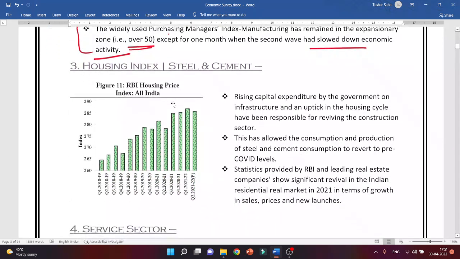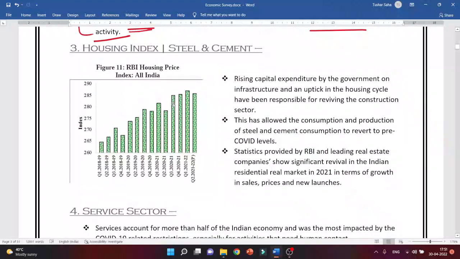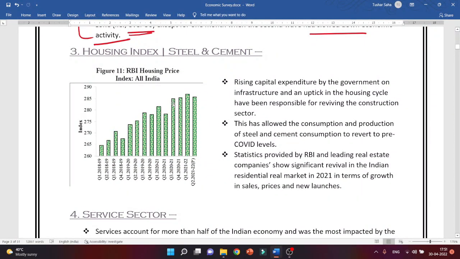Then let's move to the housing index, steel and cement. Okay, so the housing index shows rising capital expenditure by the government on infrastructure, and an upswing in the housing cycle has been responsible for reviving the construction sector. See, capital expenditure, I tell you how.